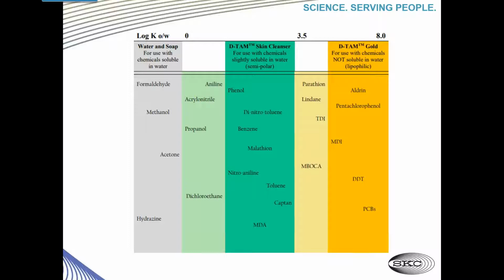So I hope that explains this graph here. It's kind of cool because, for example, if you got a contact with phenol, based on this chart, DTAM Skin Cleanser will work. For example, if you get a contact with MDI on your skin, it will be DTAM Gold that you need to use to remove that from your skin.